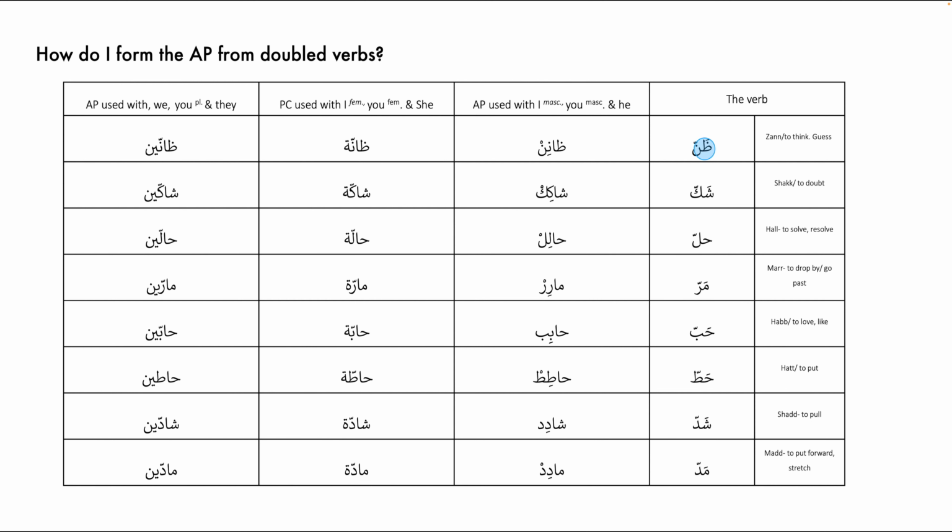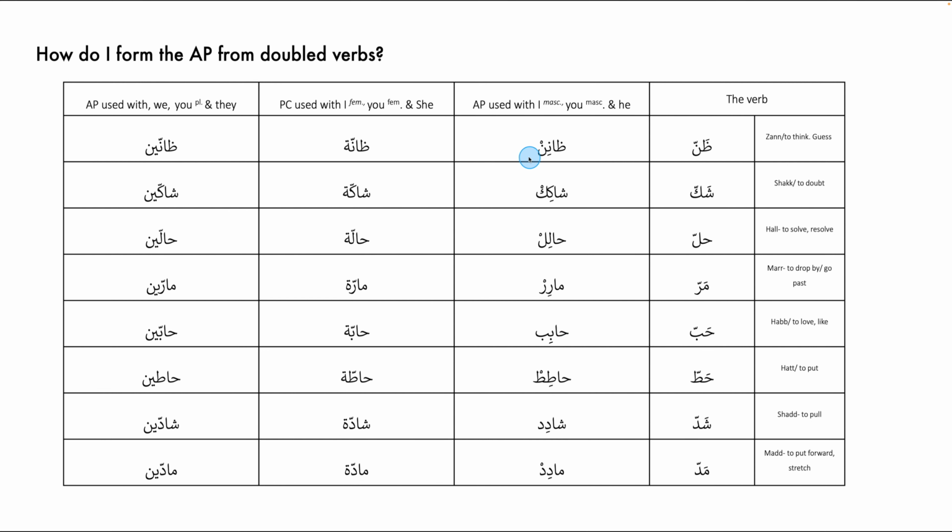All of them are doubled verbs. They look like two-letter verbs, but they're not. The final letter, as you see here, I'm highlighting, has a shadda on top, which means you've got two letters of the same there. So we've got double N, double K, double L, double R, double B, double ta, double D, and double D. And when you form the masculine, you undouble them again, so it becomes zanen, shakik, halil, marir, habib, and so on.